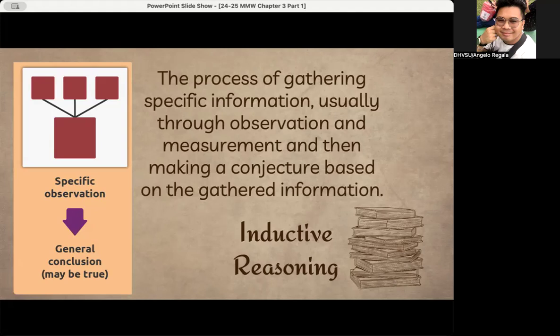Kumbaga, maghahanap ka ng mga specific information or data, then magge-generalize ka. So, inductive yon. So, when they say inductive, nag-add ka hanggang maging general. Okay, so your conclusions may be true or false, but based on your data or your gathered information kasi. Okay, so pwedeng totoo siya or hindi.